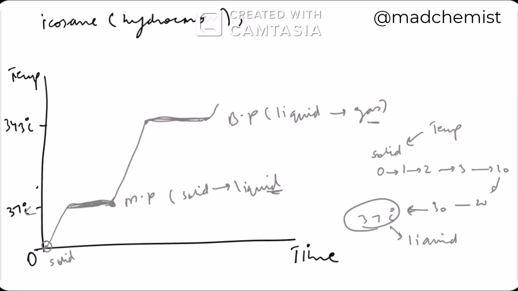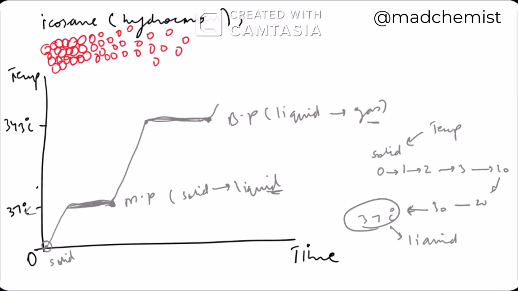This is 343 Celsius. And in the same way, if we draw the particles, these are solid iodine, and they will convert into liquid form slowly as the temperature rises, and hence they are converting into a gaseous form with an increase in temperature.